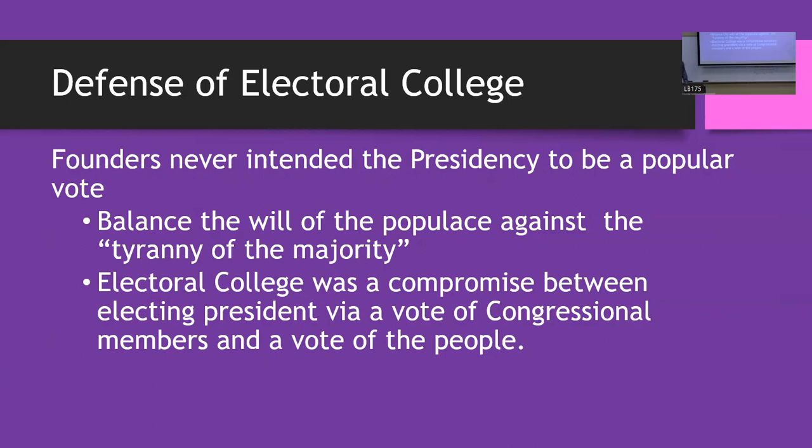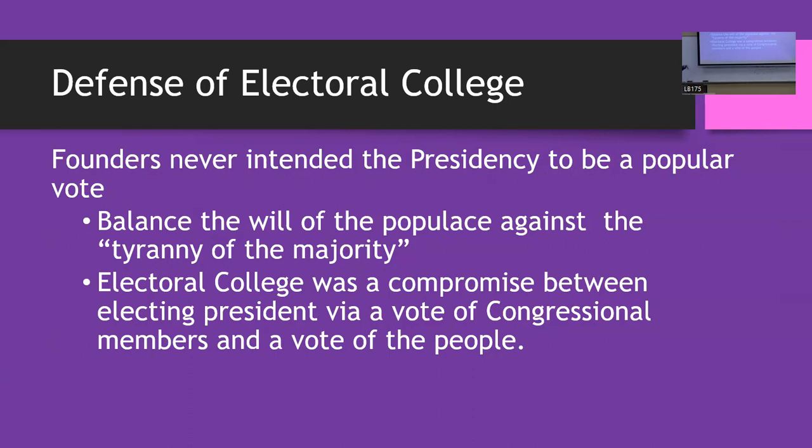Now, the defense of the Electoral College, the first one is that the founding fathers never intended the presidency to be a popular vote. All right? The Electoral College was a compromise between electing the president via a vote of congressional members.